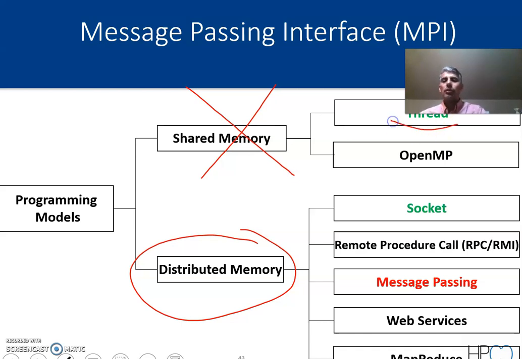Threads, we just introduced for your information. Further details about them we'll leave for the operating system course. So we go back to the distributed memory category, and we start talking about message passing, or more specifically, MPI, message passing interface. So shared memory, distributed memory, and within distributed memory, we talk about message passing interface, or MPI.